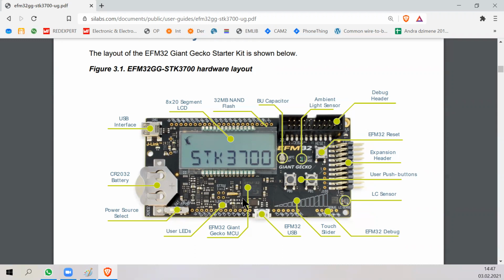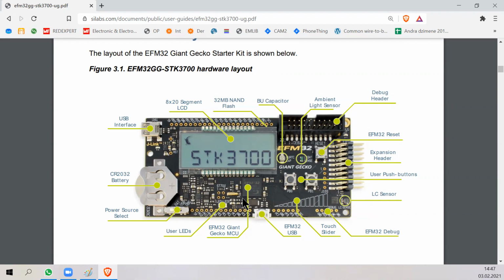And Silicon Labs builds microcontrollers. So there are very many manufacturers, and there are very many kinds of microcontrollers. Some are extremely small, very few features, but also extremely low cost. And then there are very big microcontrollers with lots of features, huge memory, lots of peripherals. So each microcontroller has its own right place in a project.